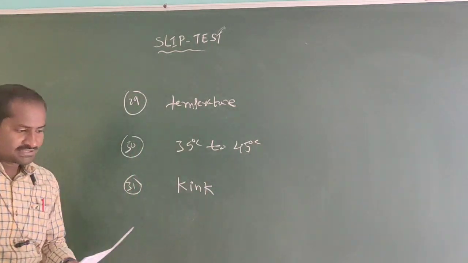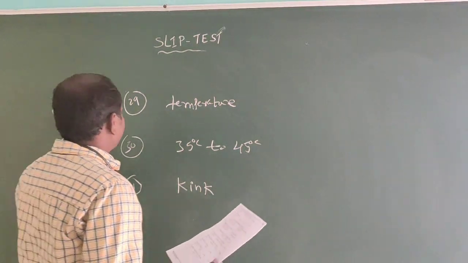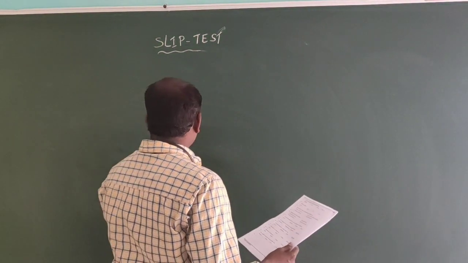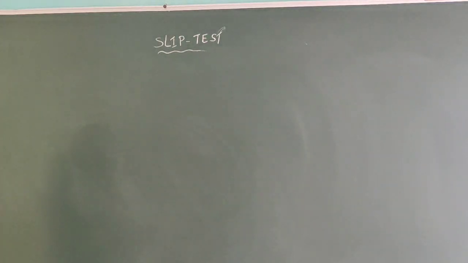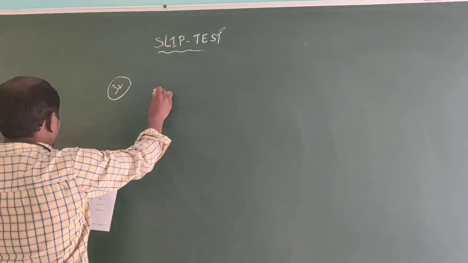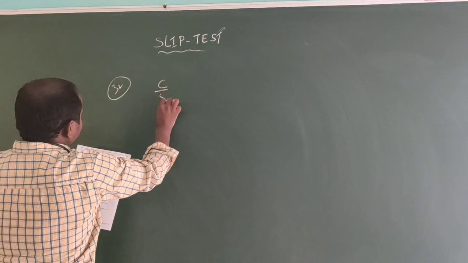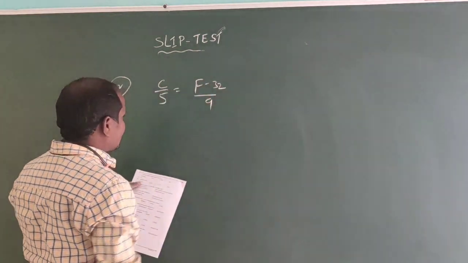Okay, next one, 98.4 degrees Fahrenheit is equal to dash degrees Celsius. The normal temperature of our body is given, that is 98.4 degrees Fahrenheit. This value is converted into Celsius. We know that C by 5 equals F minus 32 by 9.